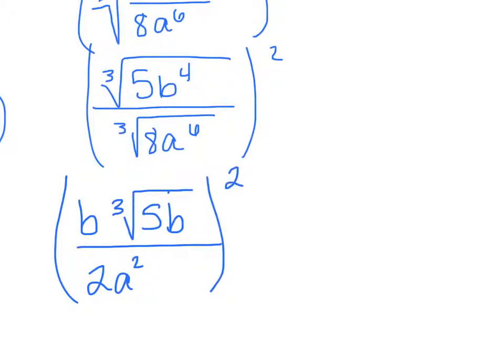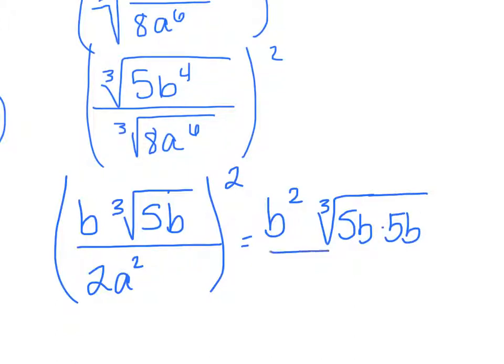Now the last thing I have to do is distribute that 2 exponent. So I have b to the 2nd, cube root of 5b times 5b, because I squared it, over 4, because 2 to the 2nd is 4, and a to the 4th.